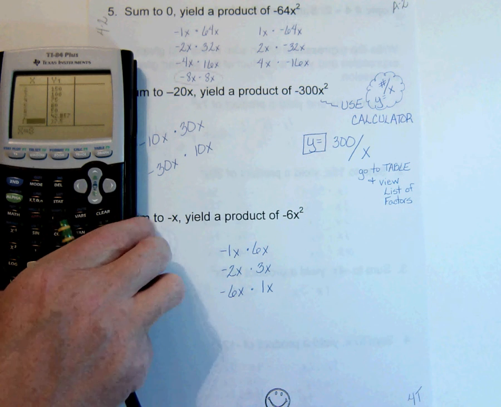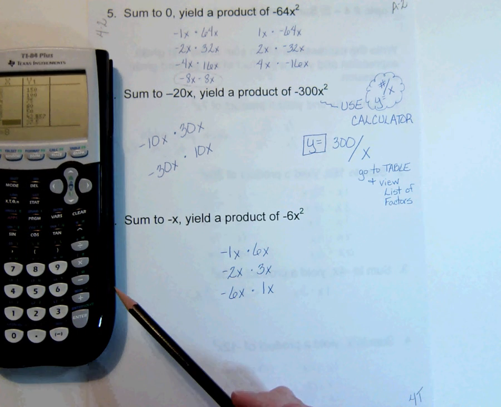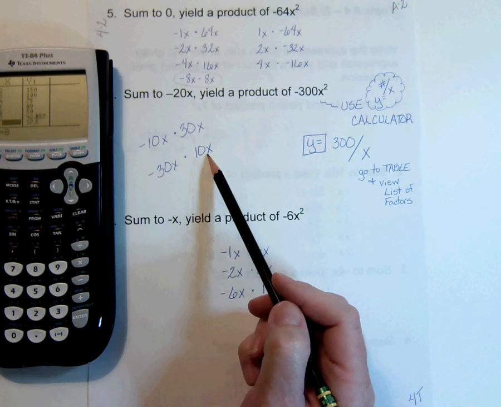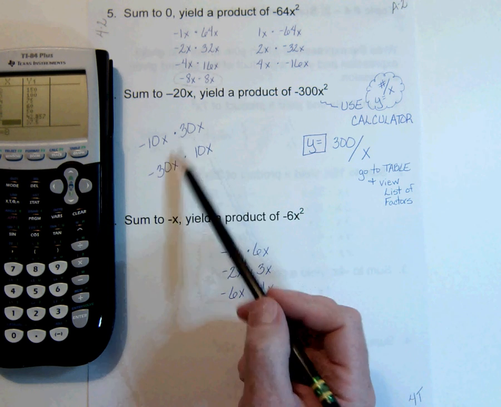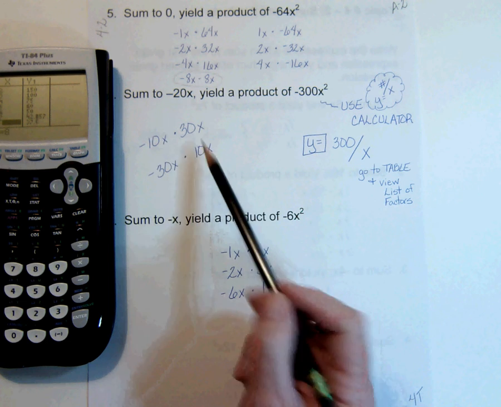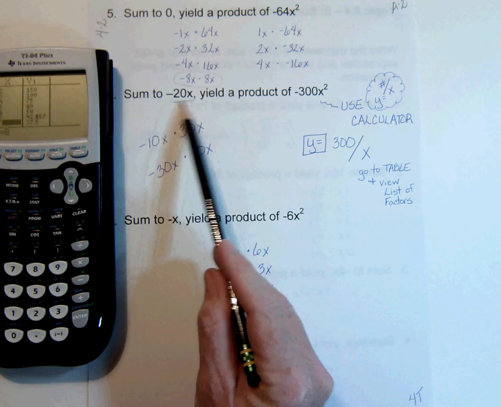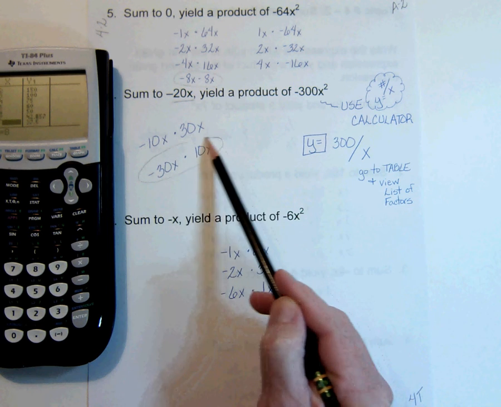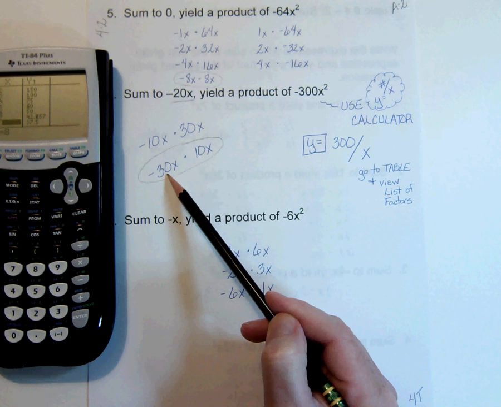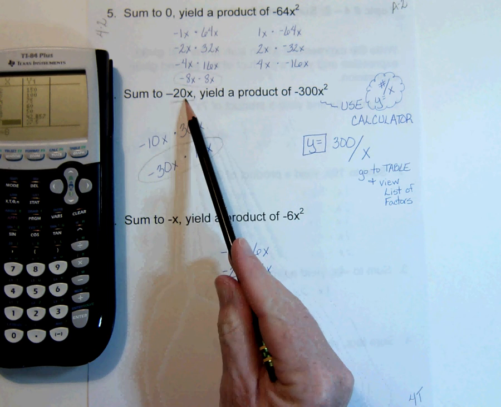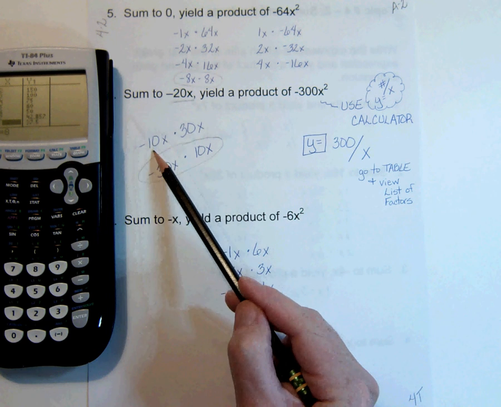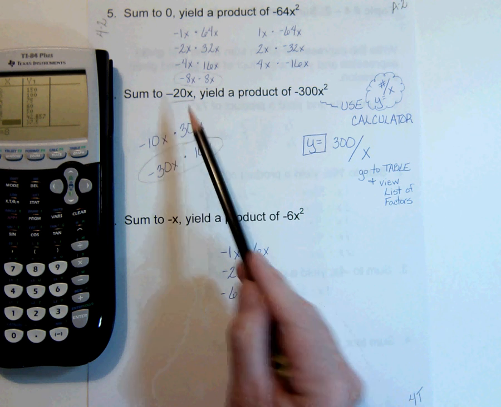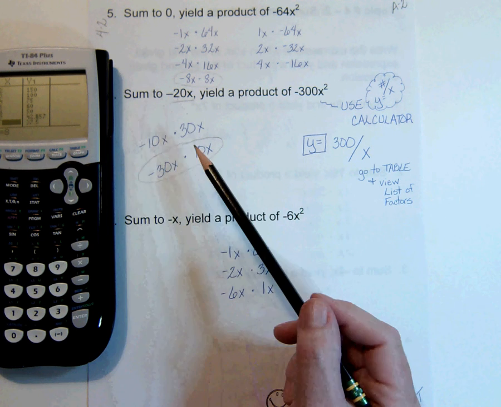But the ones I knew would combine to get a negative 20 are 10 and 30. It's just deciding which one is supposed to be negative, and that would be the negative 30. If I'm at negative 30 and I add 10, I'm at negative 20. But if I'm at negative 10 and I add 30, I'd be at positive 20, not negative. So be careful with that one.